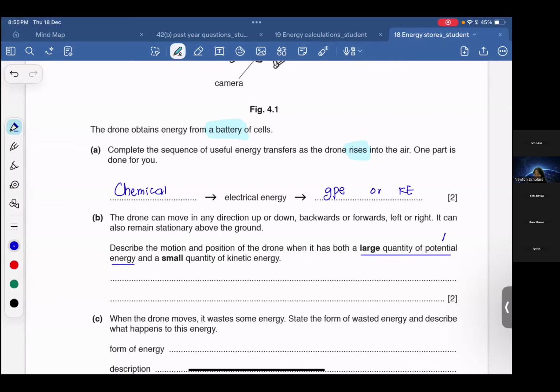Potential energy is due to the position. So can you describe the position right now? Kinetic energy is due to the motion. So can you describe how it moves and at what kind of position?